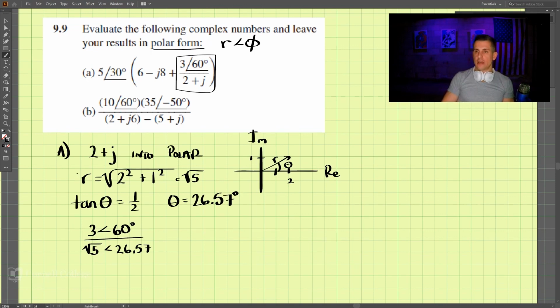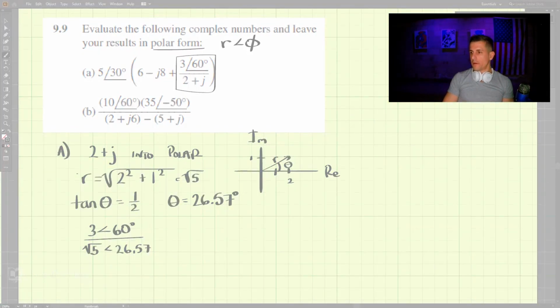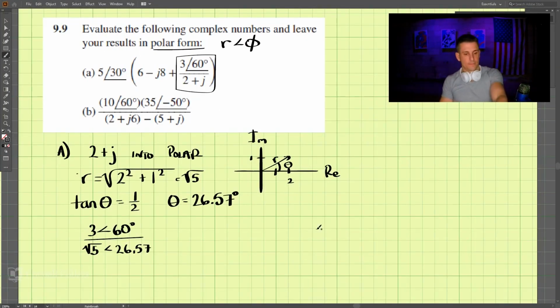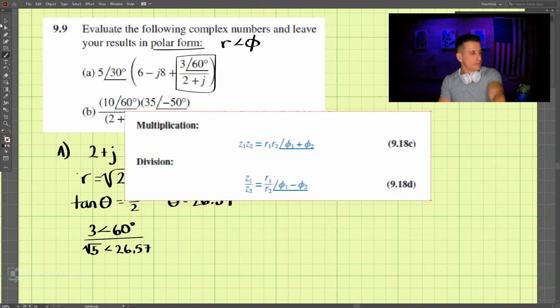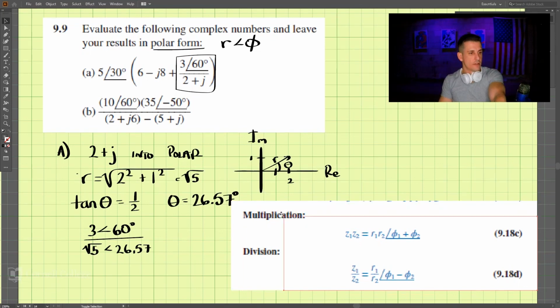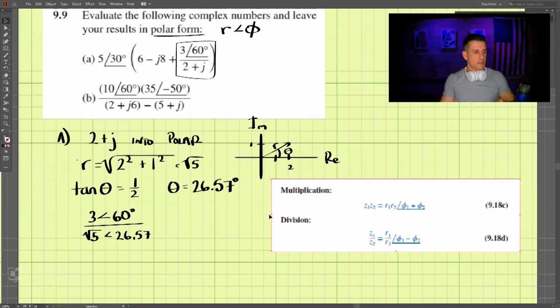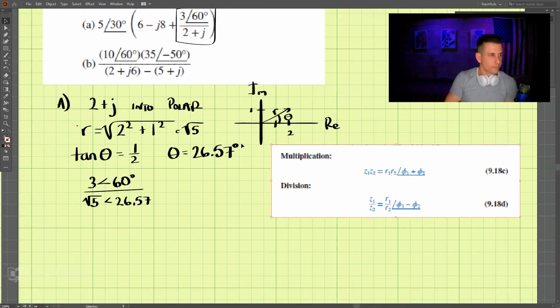Now to do this calculation, let's take a look at the formulas we can use.